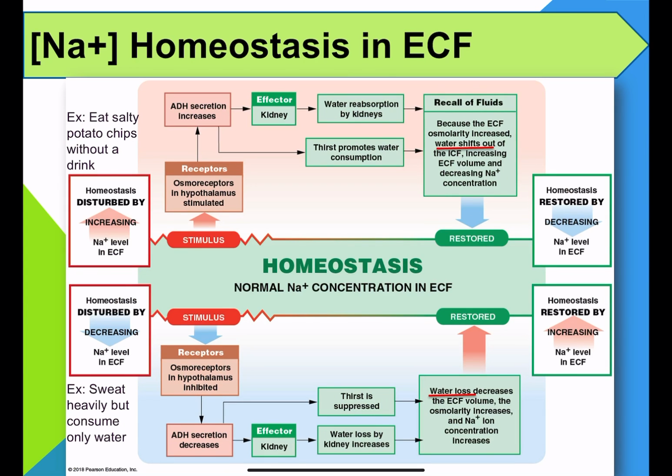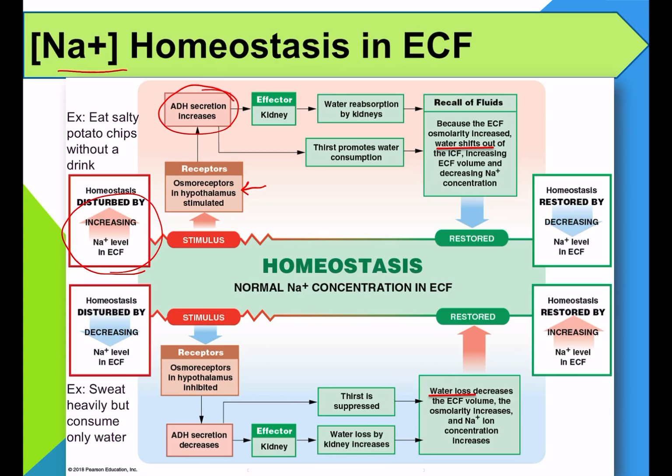So this is our classic homeostasis relationship chart, and now it applies to sodium concentration differences. If you have too high a level of sodium in your ECF, osmoregulatory receptors in your hypothalamus will be stimulated because now you have more fluid moving into your ECF. ADH secretion increases.